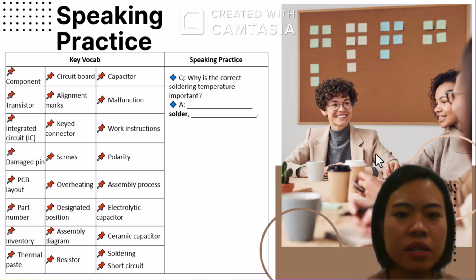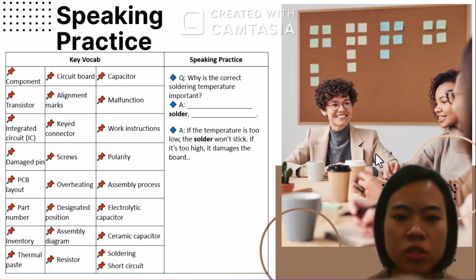Why is the correct soldering temperature important? If the temperature is too low, the solder won't stick. If it's too high, it damages the board.